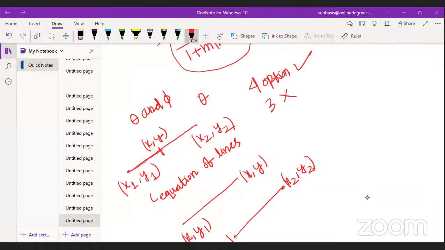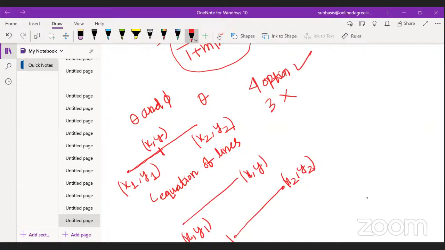So now, the two-point form of the equation of a line. This can also be true. Sir, here, is it some fixed point or is it a variable?